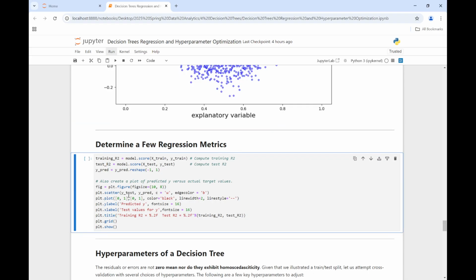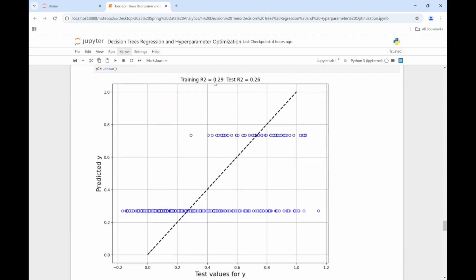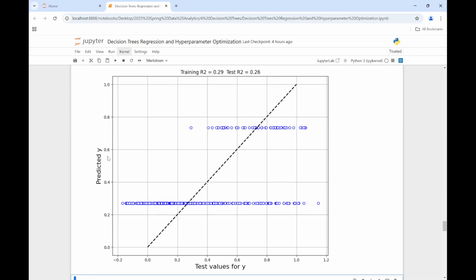So if we look at the R square values, we'll see that the training R square is 0.29, which is nothing to write home about. And the test R square value is 0.26, which is also quite small. And in this figure over here, what we're looking at is the predicted value of the target variable against the test values or the true values of the target variable from the test data set. The dashed line over here represents the 1:1 line.